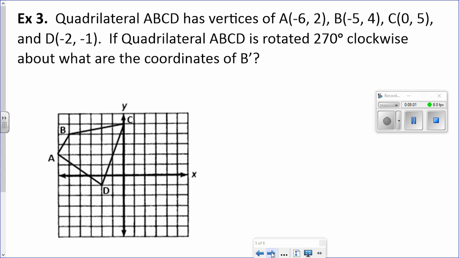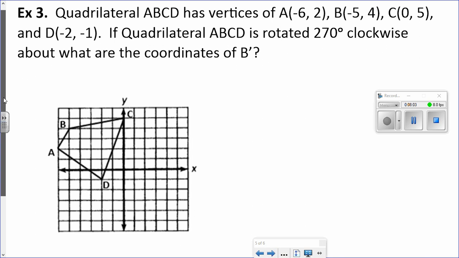And example 3. We have another quadrilateral. They gave us the coordinates for all the vertices. And it says quadrilateral ABCD is rotated 270 degrees clockwise. So we're going to go in the direction of the clock. And we got 270 degrees, so we know we have to move 3 quadrants.